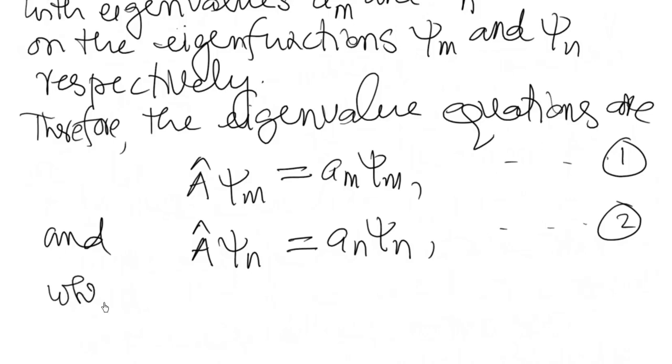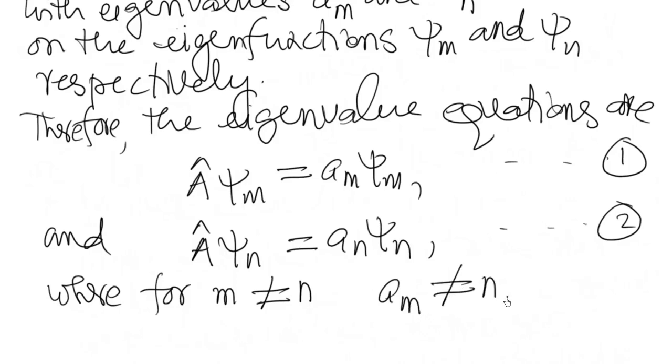Where for m not equal to n, a m is not equal to a n. This is given. The unequal eigenvalues for different eigenfunctions. If m is not equal to n, then psi m and psi n are different eigenfunctions. And in that case, it is given that the eigenvalues are unequal, a m is not equal to a n.